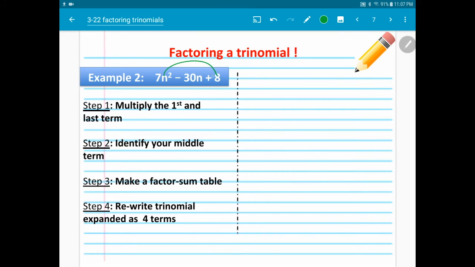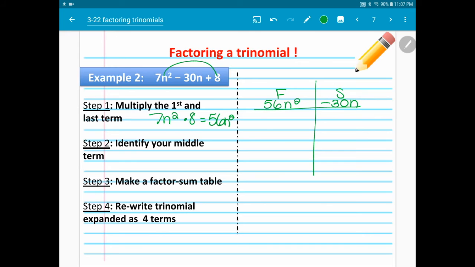So first and last term, 7n squared times 8. 7 times 8 gets me 56. That's my factor. And my sum is going to be my middle term, which is negative 30.